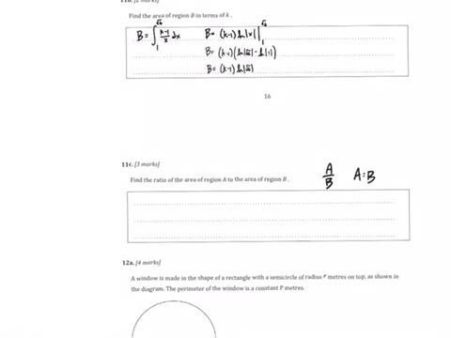So if I took A over B, that would be k minus 1 ln of 6 over k minus 1 ln of root 6. In this case, it's nice, k minus 1 reduces. So what would the ratio be simplified?